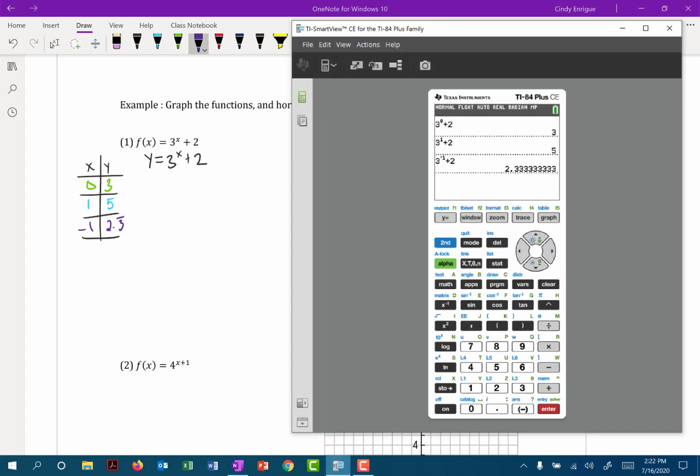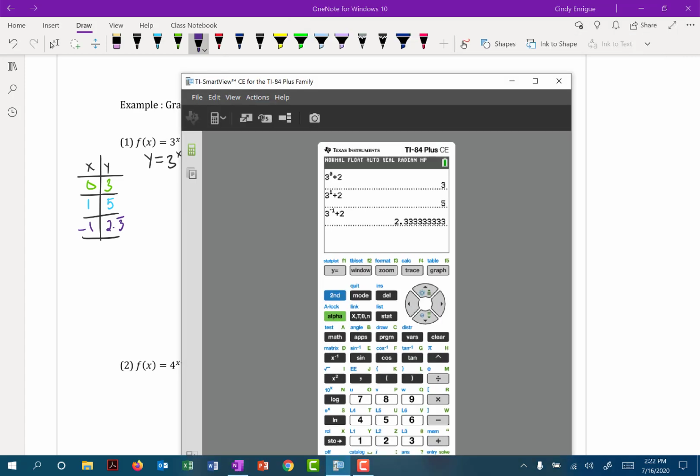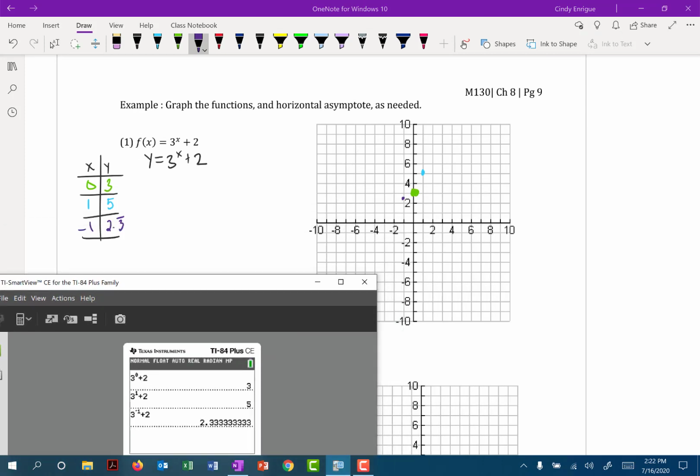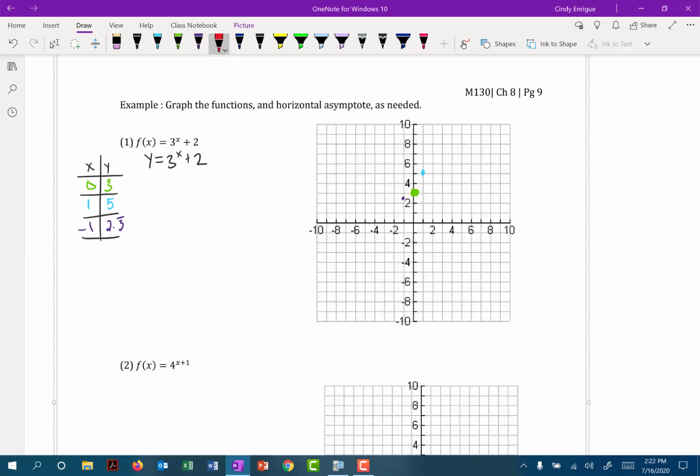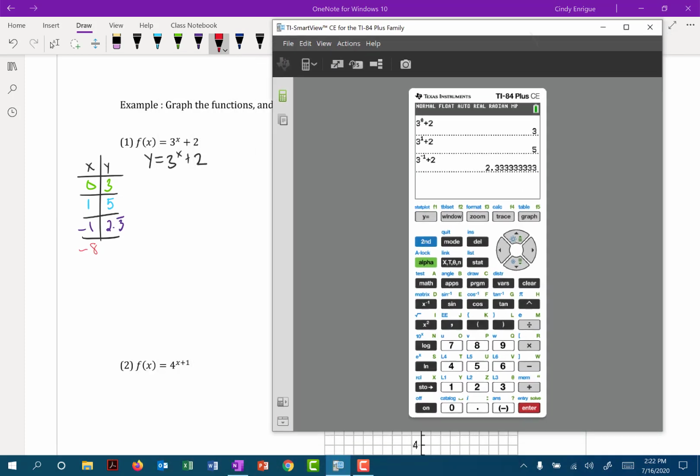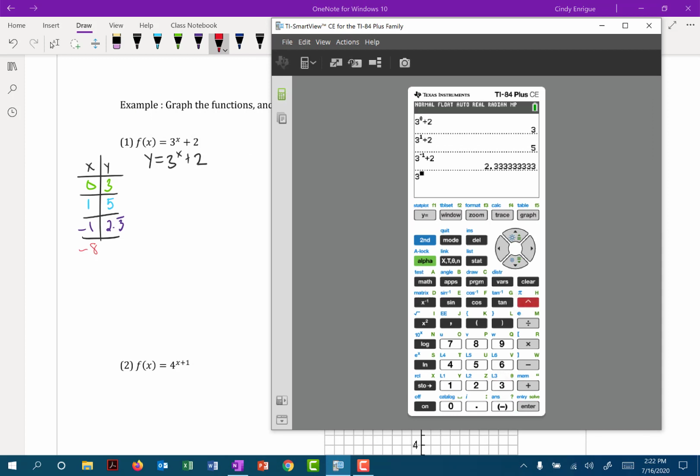If I look at more values for x, looking at my graph, it looks like if I keep going more and more negative, the value will not go beyond positive 2. So let's see what happens when I plug in a negative 8. 3 to the power of negative 8 plus 2 gives me 2.000015.